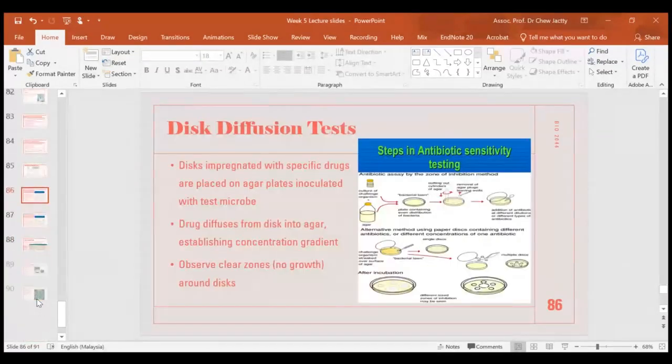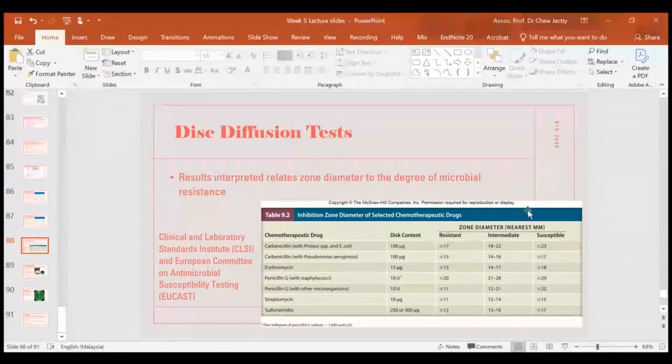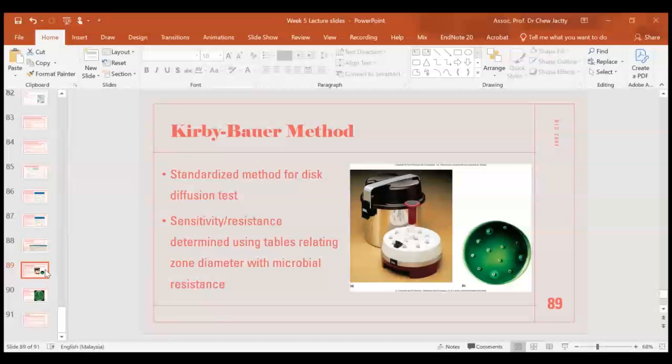Okay, and then the diffusion method, this is a qualitative method. On one plate, you put different antibiotics and then you measure the zone of inhibition and interpret the susceptibility of antibiotics. So this is a less tedious method, but as mentioned, it's qualitative.